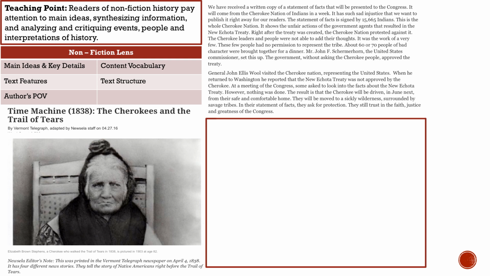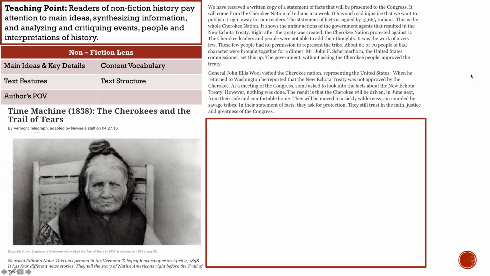At a meeting of the Congress, some asked to look into the facts about the New Echota Treaty. However, nothing was done. The result is that the Cherokee will be driven in June next from their safe and comfortable home. They will be removed to a sickly wilderness surrounded by savage tribes. In their statement of facts, they ask for protection. They still trust in the faith, justice, and greatness of the Congress.